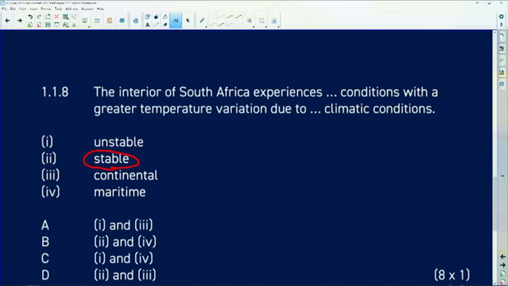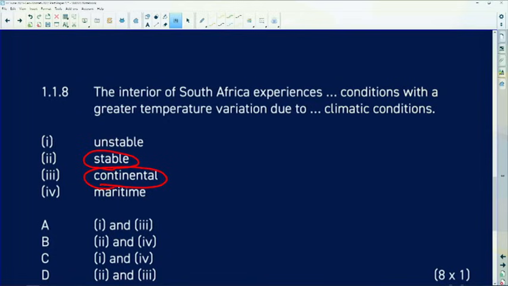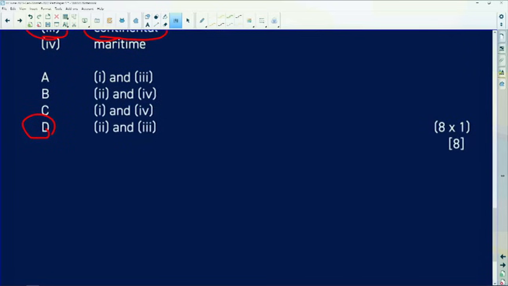Unstable conditions are when we usually have cloud formation, rising air, convection, a build-up, and we might experience thunderstorms. In this case, definitely not, because we looked at our weather station models, all perfectly clear blue skies. And definitely it's continental. So our correct answer is going to be 2 and 3, and the correct answer for 1.1.8 is going to be the letter D.